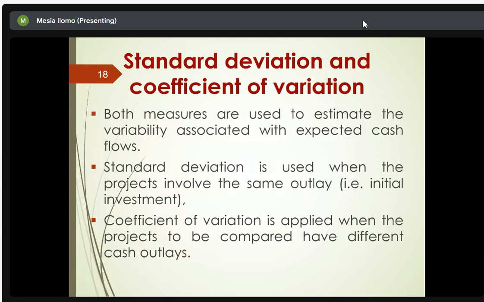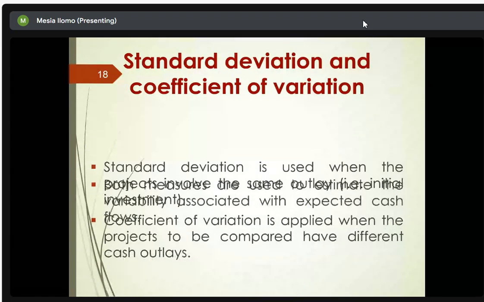In other words, when you have different projects with equal initial investment, then standard deviation works well. But this approach is not ideal where you have different investment levels.